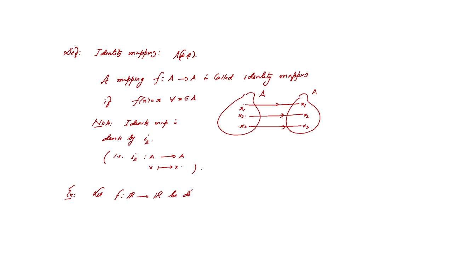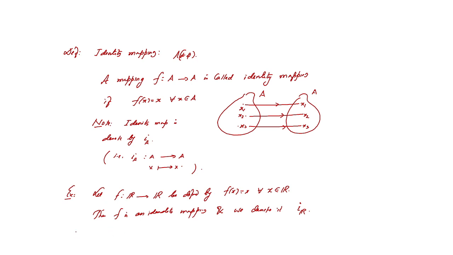We define f(x) equals x for all x belongs to R. Okay, and this is then, f is an identity mapping, and we denote it I suffix R. Okay, so this is the example. You can think about different examples.